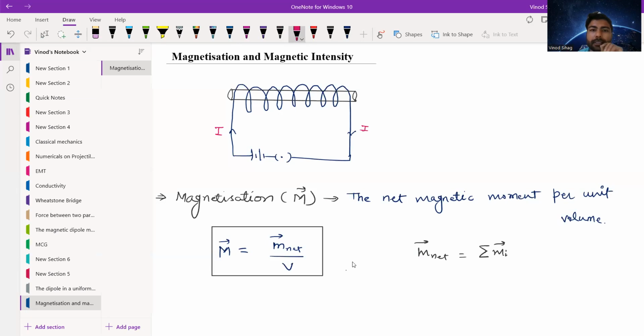Iron is a ferromagnetic substance, so it will get magnetized. Because it is inside the solenoid, it experiences an external magnetic field due to the solenoid, and that field is going to magnetize the soft iron core. Because of that magnetization, we will get one more magnetic field. That's what we are going to see.